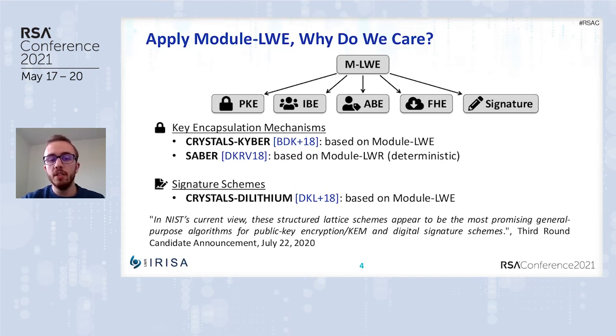And according to the NIST, these structured lattice schemes seem the most promising candidates for the post-quantum cryptography standard as far as KEM and digital signatures go. And in all of that, the binary version is mostly helpful because these candidates prefer to use small parameters to make the schemes more efficient. And this is why we need to investigate the theoretical framework behind it to back that up.